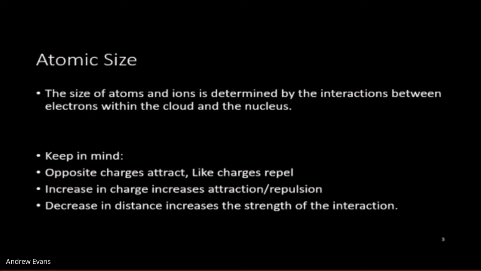One thing we have to remember as we talk about this: opposite charges attract, like charges repel. So electrons are attracted to the positive nucleus. Electrons are going to repel other electrons. When we increase the charge size, we increase the attraction or repulsion.